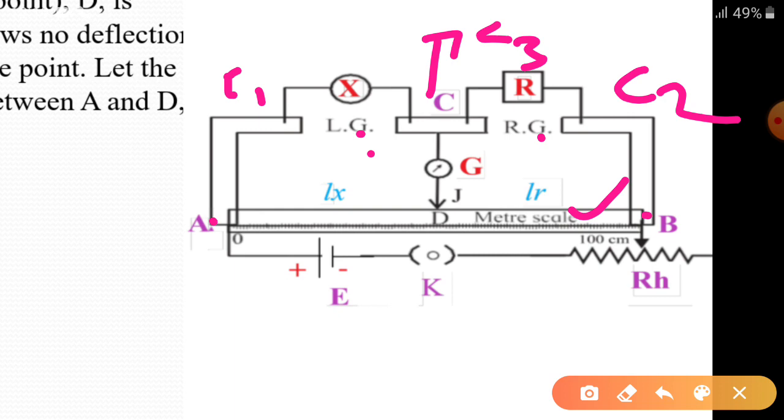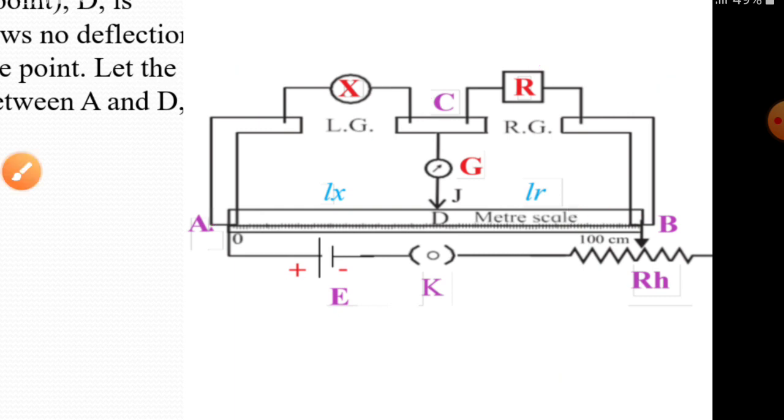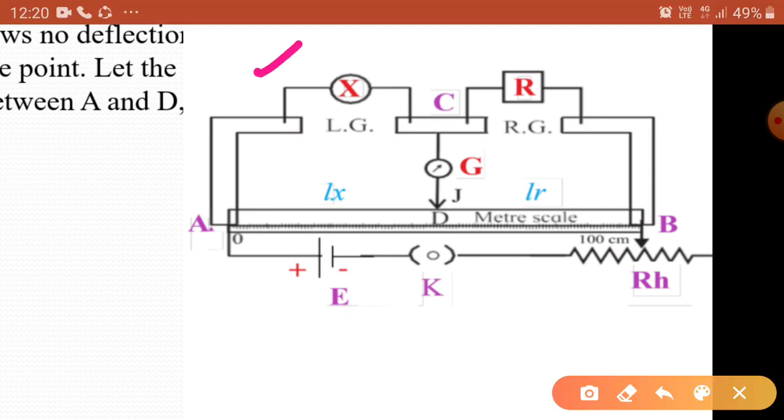Now we have to see the connections of the meter bridge. An unknown resistance X is connected in one gap, that is nothing but the left gap. See here, X is the resistance which is connected in the left gap. A resistance box, which is known as the variable resistor, is connected in the right gap.